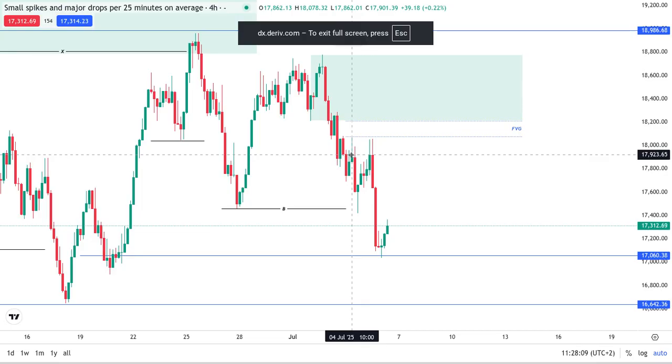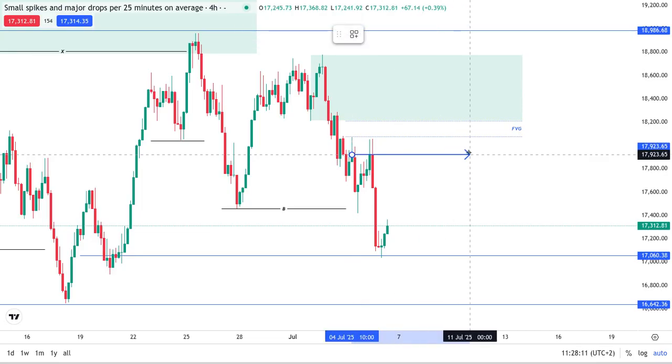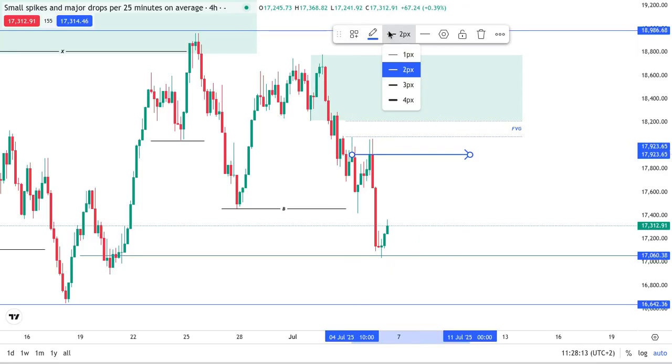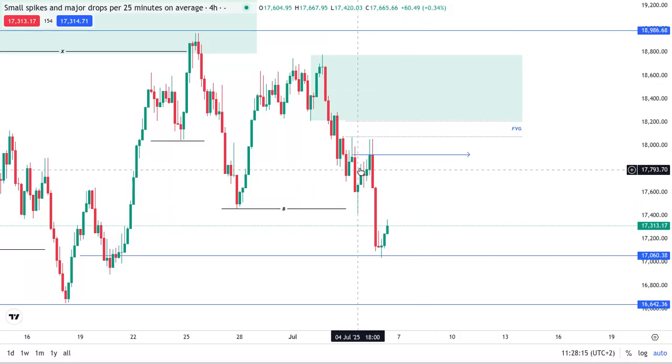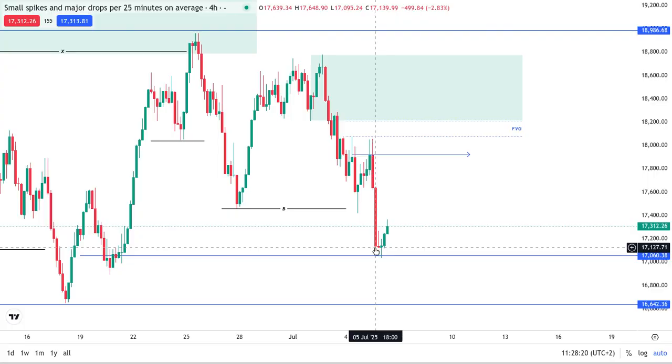So we have this level here from the bodies. This is our 4 hour level. This is our first 4 hour level. Here we've made a nice round bottom, so this too is our level for the 4 hour.